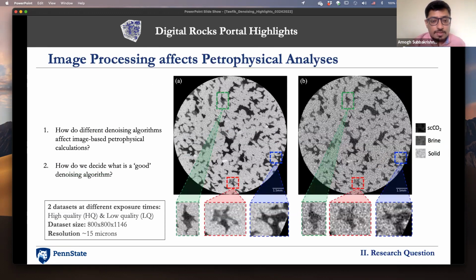So you have the supercritical CO2 there, which is very close to the background class, which is black. It is not the same, but it's very close to it. So a lot of times we would have the supercritical CO2 go very close to black in our denoised images, and the ilastik model would assume that it's also the background class, and the segmentation would go horribly wrong. And those issues were hard to fix.